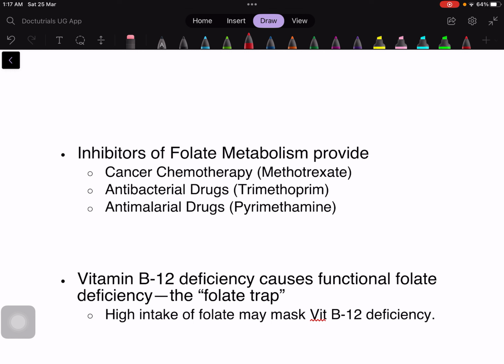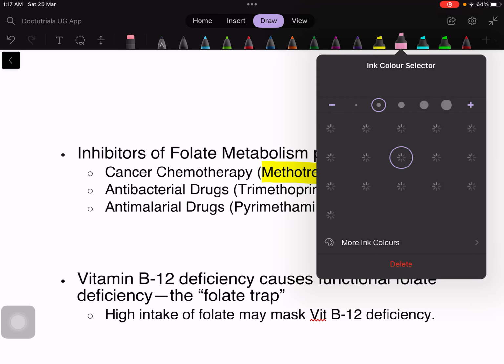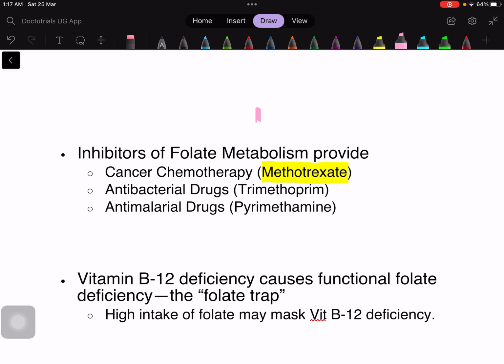Okay, in addition to this, please look at how the tetrahydrofolate metabolism can be targeted in the different types of treatment. If you target the human enzyme using the methotrexate, then we can make use of this in the cancer chemotherapy.